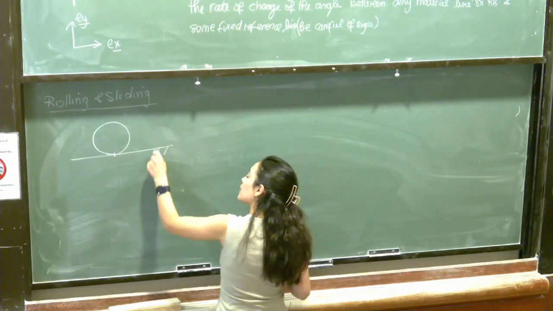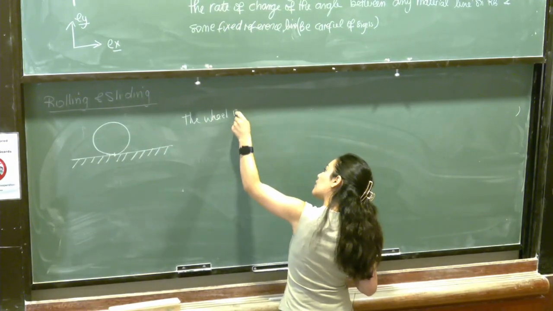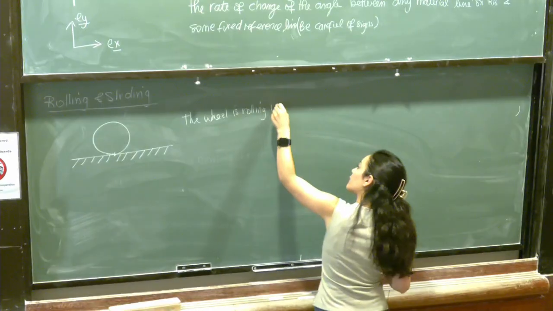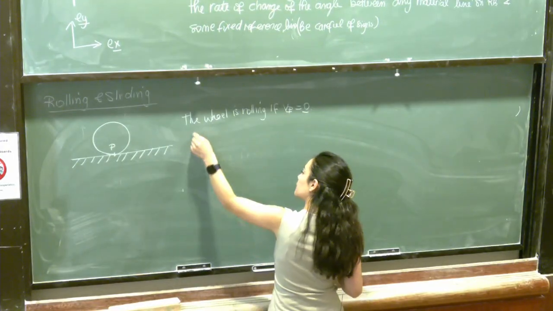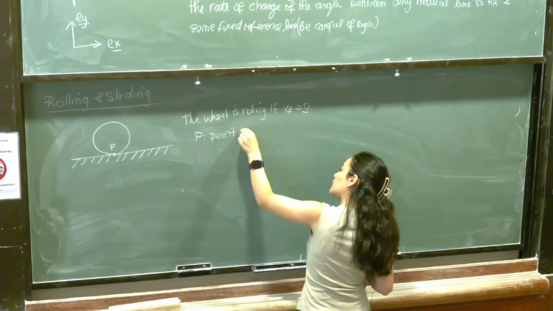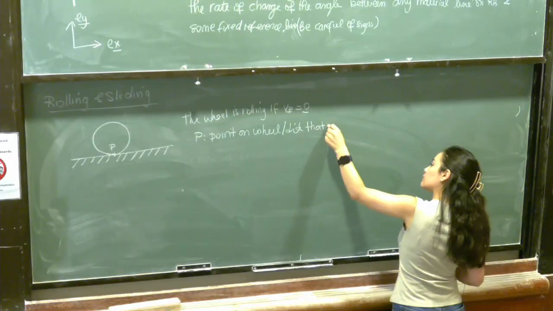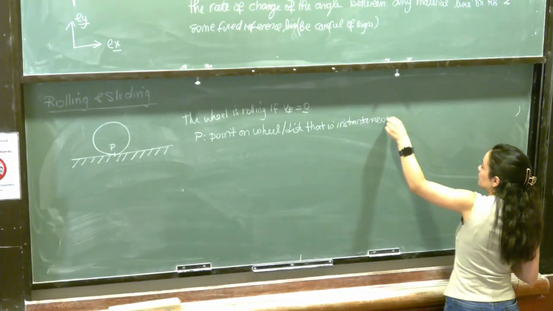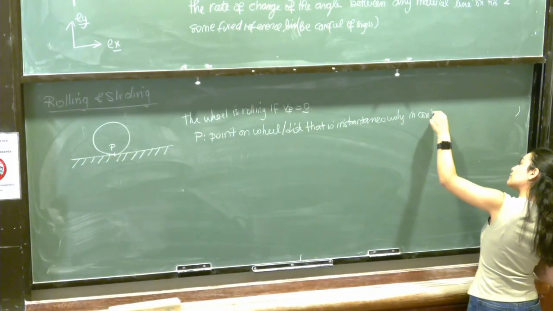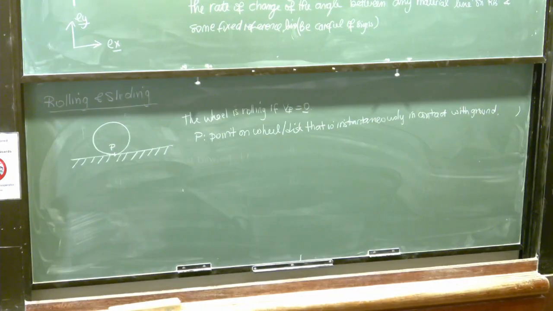So if this ground is fixed, the wheel is rolling if Vp is equal to 0, where P is this point, a point on the wheel or disc. So Vp is equal to 0 if you're rolling.